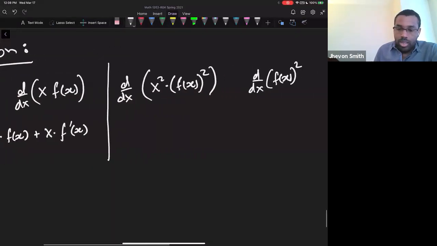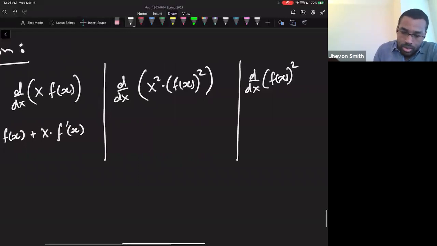Okay, moving on to this one. What would we do now? The same thing, product rule? So what would that look like? Take me through the motions here.